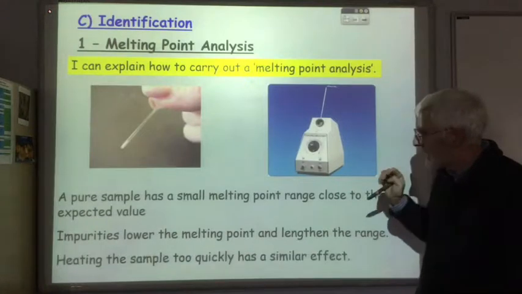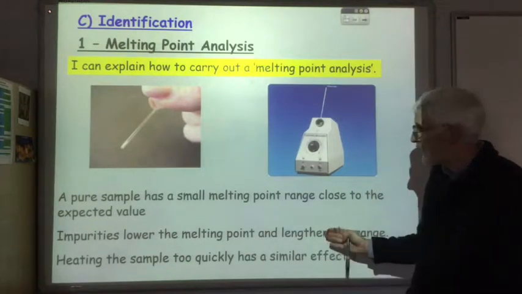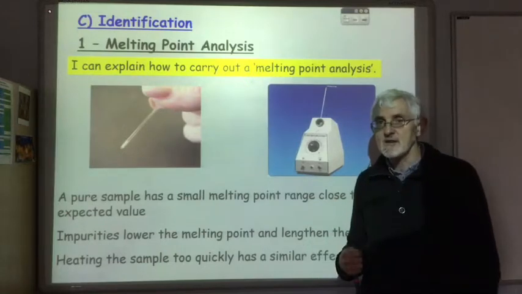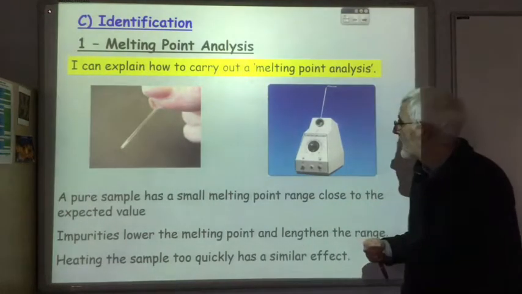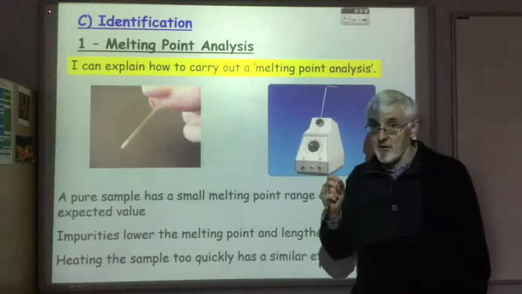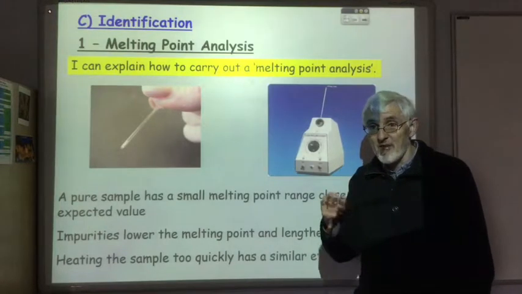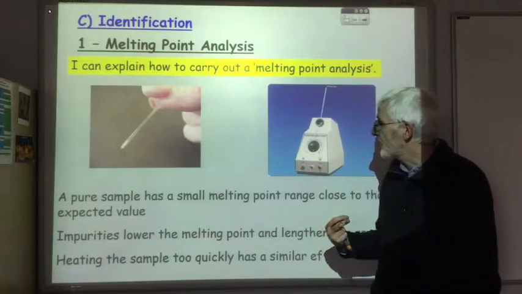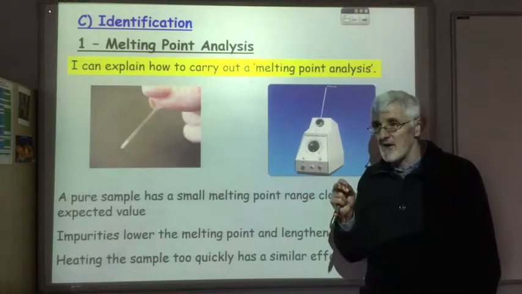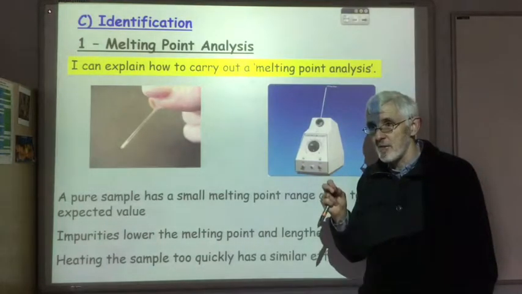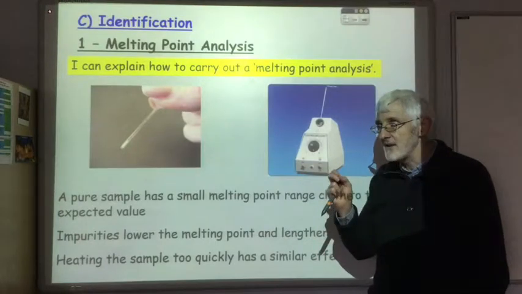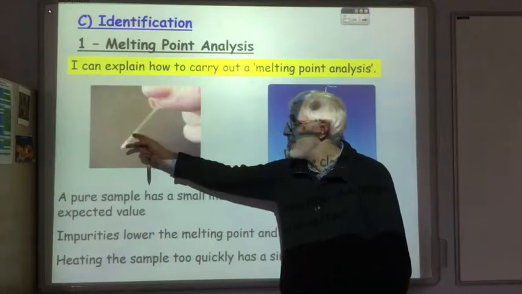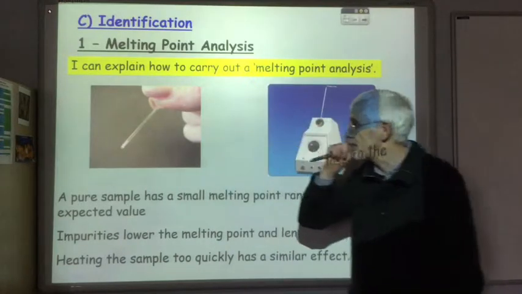Heating the sample too quickly can make it seem as if you've got impurities in your sample when you don't. Because the temperature is being read from a thermometer with a very thick glass wall because it contains mercury, the temperature being recorded by the thermometer lags a little bit behind the temperature being experienced by the sample in this very thin-walled glass tube.